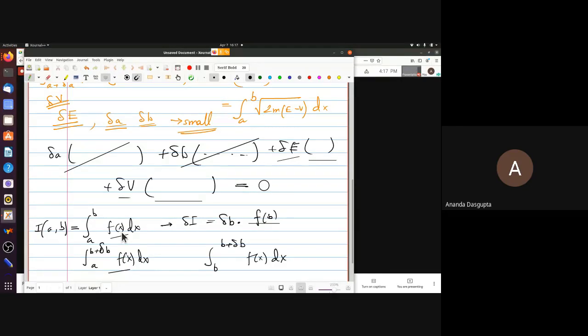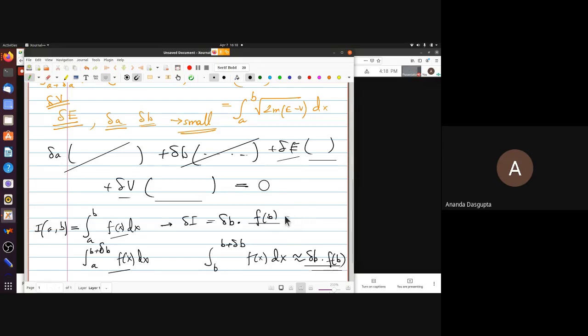The basic idea is if the interval delta B is small enough, then this integral, of course, is delta B times the value of the function at B, right? Because all we are saying is once the interval is small enough, then the function doesn't get much of a chance to vary. So you can replace it by its initial value. And this delta B into f(B), that's the variation.